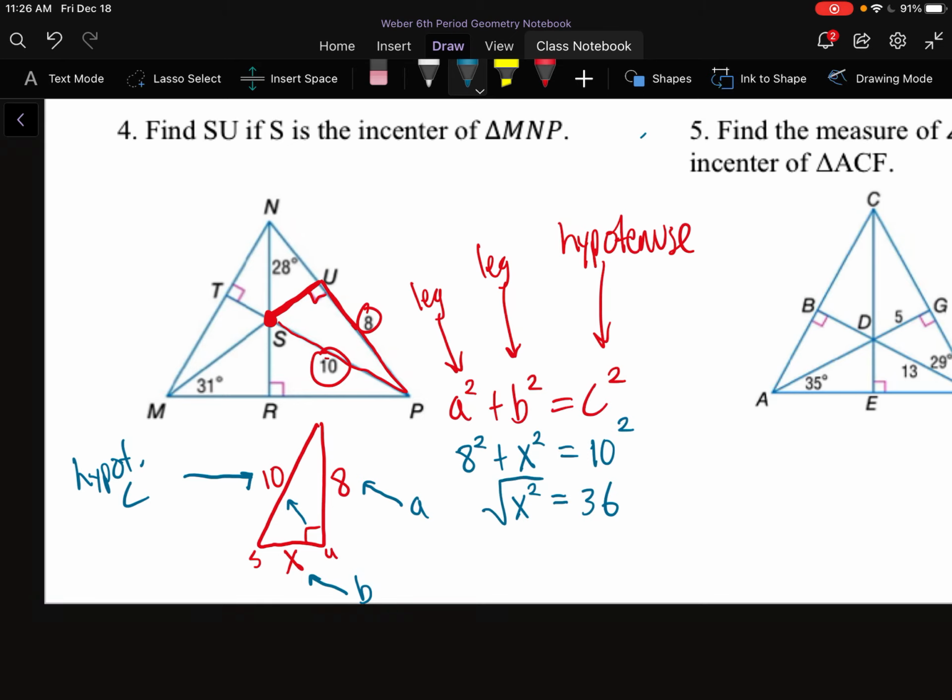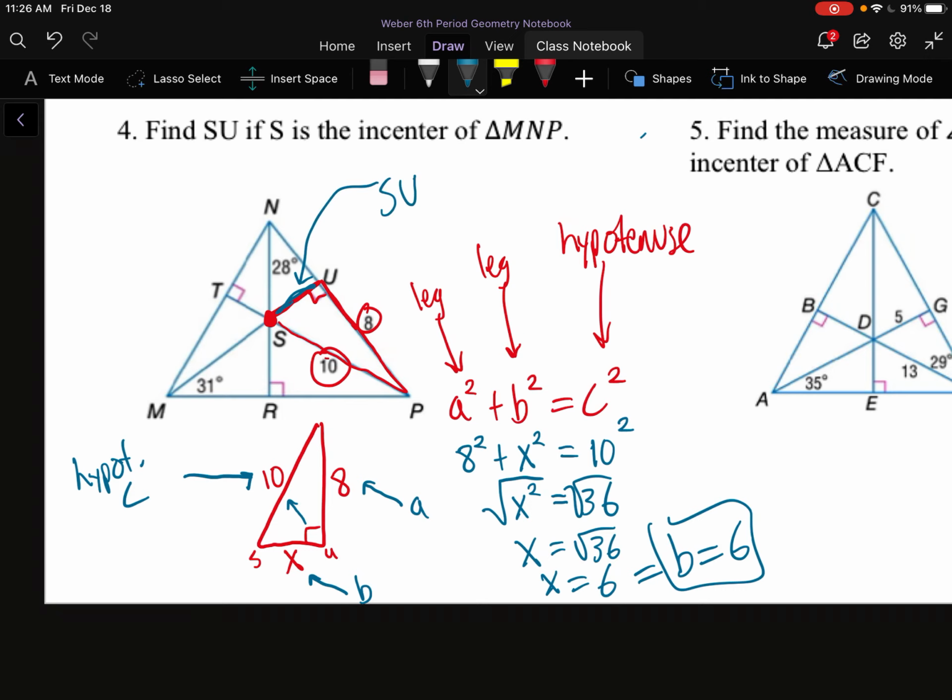Then I will do the square root of both to get rid of that square, and I'm going to be left with X equals the square root of 36. The square root of 36 is 6. So X will now become B, so B equals 6. So the distance of SU, this distance here, is 6.